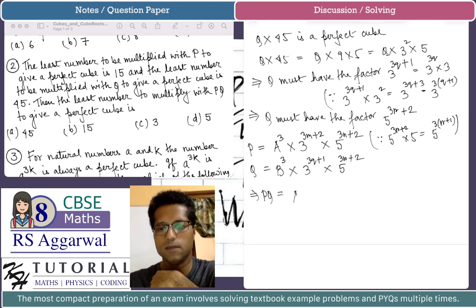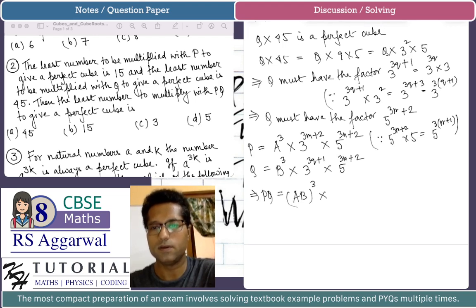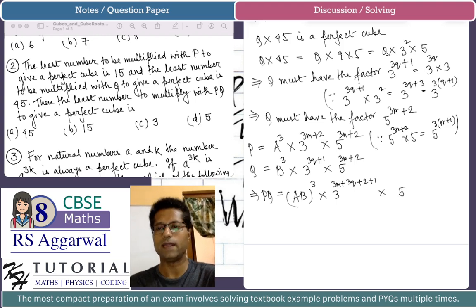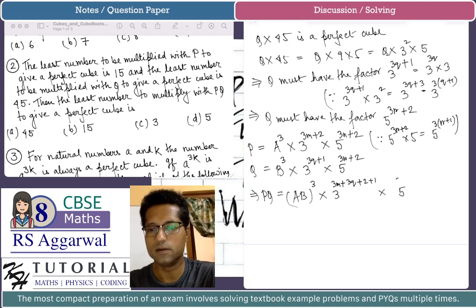PQ becomes AB whole cube, and AB whole cube will form triplets. We have 3 to the power m. If we multiply all the powers of 3, that is 3 to the power 3m plus 3q plus 2 plus 1, and we have 5 to the power, if we add up the powers of 5, we get 3n plus 2 plus 3r plus 2.